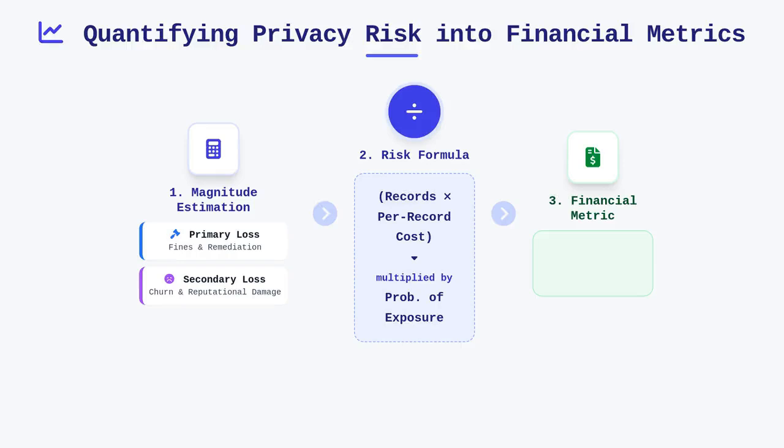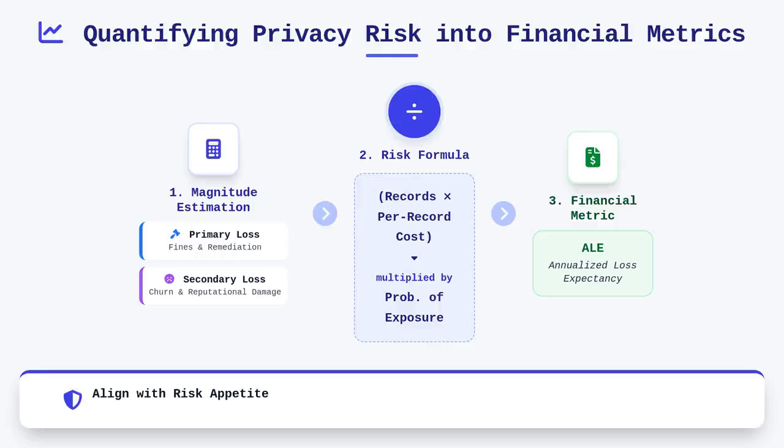This allows you to present findings as a definitive financial risk metric, such as an annualized loss expectancy. By aligning these calculations with the risk appetite defined by company leadership, you provide a clear justification for prioritizing specific privacy-enhancing technology deployments. This rigor removes the ambiguity that often stalls privacy initiatives in the development cycle.